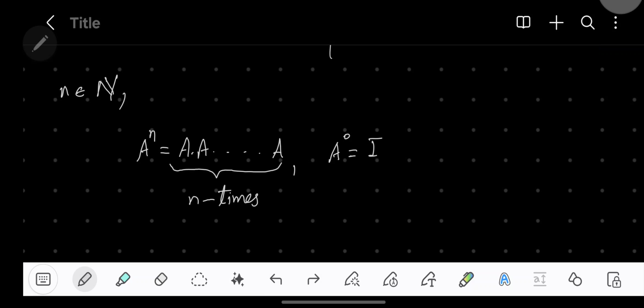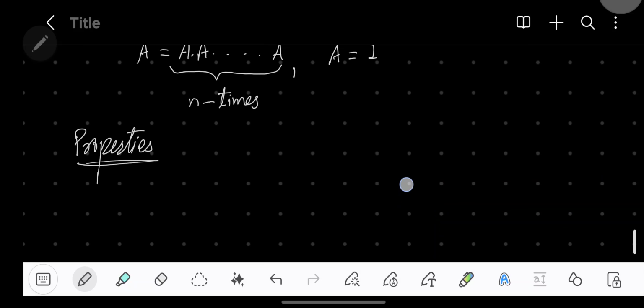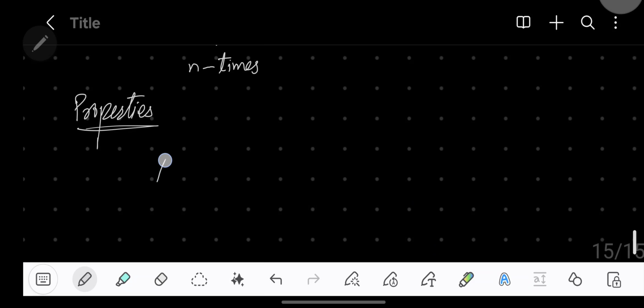Just like with numbers, when you take power 0 of any number, you always get 1. Similarly, in case of matrices, if you take any matrix to the power 0, you always get the identity matrix.